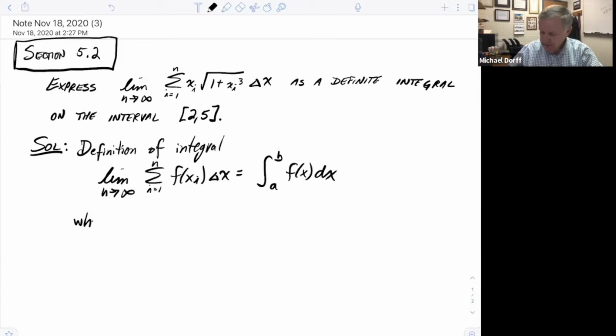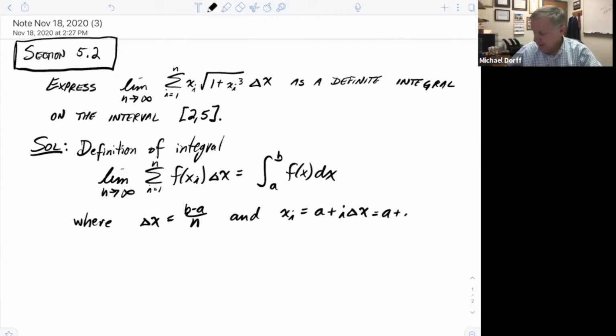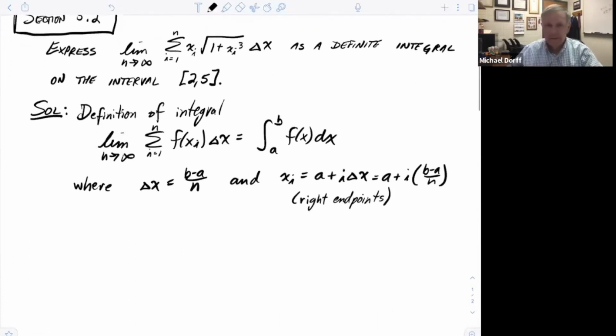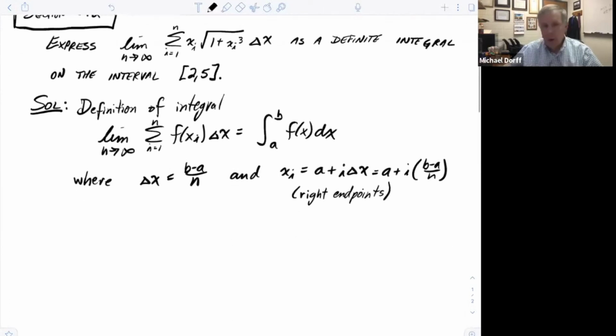In this case, delta x equals (b minus a) over n, and x sub i equals a plus i delta x, which you could also write as a plus i times (b minus a) over n. This means we're using the right endpoints in this definition. All we need to do is translate what we're given to the form of the integral.